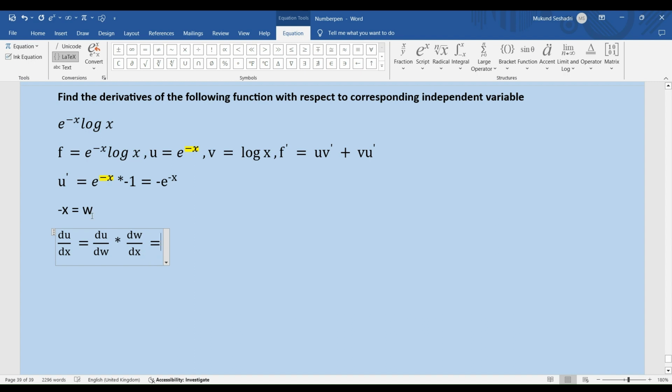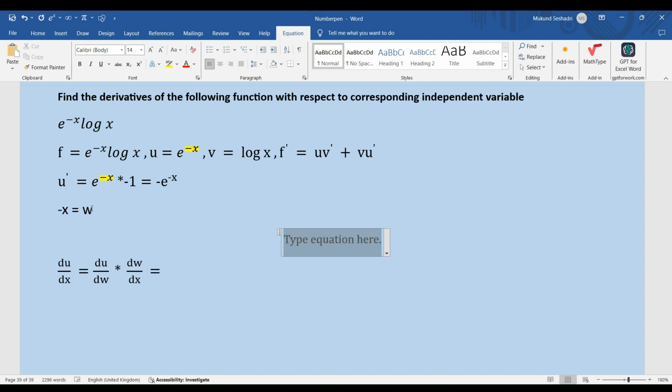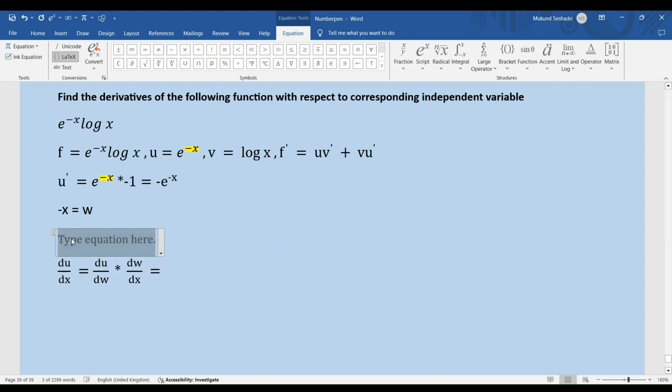And what is my du by dw? My du by dw is differentiation of u with respect to w, right? And what is my u in terms of w? Let's write that out here. So when I make the substitution minus x equals w, I know that my u will become equal to e to the power w, right? So this is what happens to my u in terms of w, and what is my du by dw. And folks, we have solved this in our earlier videos.